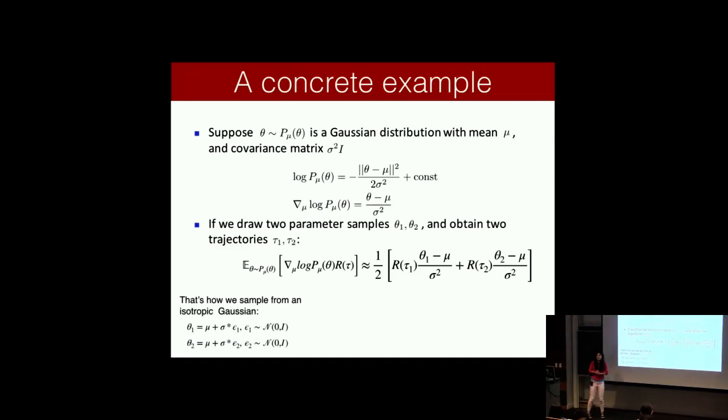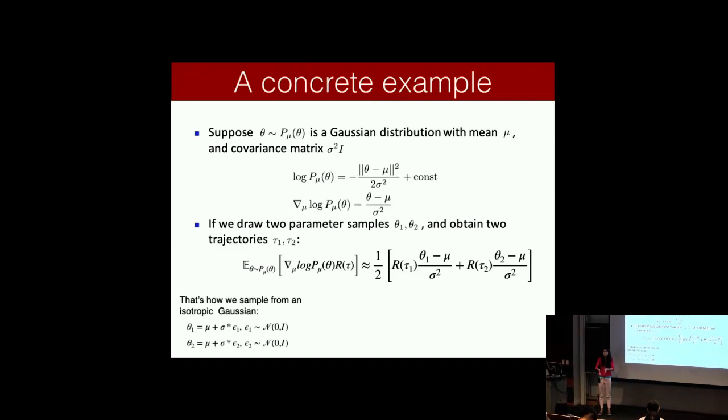How would you sample the theta from the Gaussian mu? If I tell you, here's the mu, sample me 2 parameter vectors, how would you do it? Well, this is how we sample from Gaussians. We have the mu, you sample epsilon. This epsilon comes from a Gaussian which is zero-centered and has unit variance.